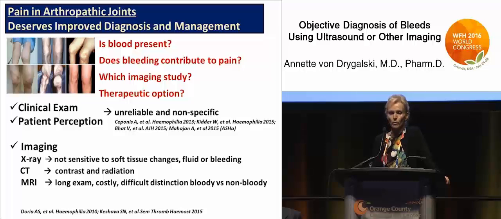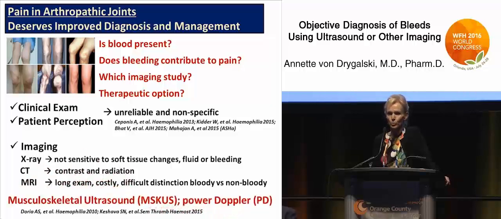I'm going through them one by one. So we have X-rays. Those are not sensitive to soft tissue changes, fluid, or bleeding. We have CT scans. They might, but they provide contrast and quite a bit of radiation, so we won't do that frequently. And then we have the MRI, which is a long exam, costly, and actually difficult to distinguish blood from non-bloody effusions. And we come to that in a little bit. Just hold that thought.